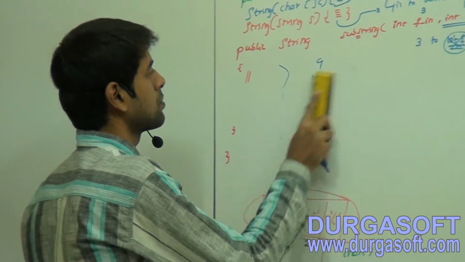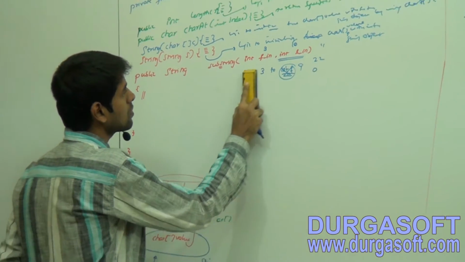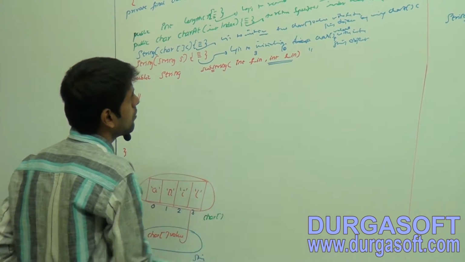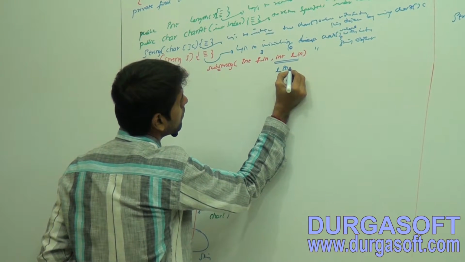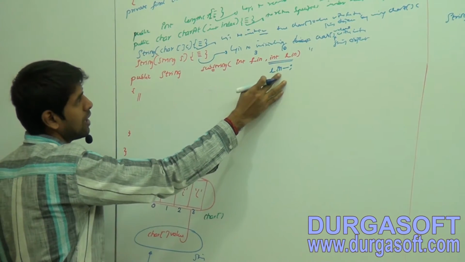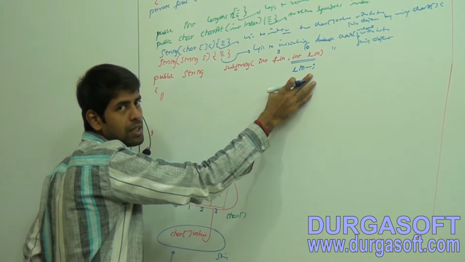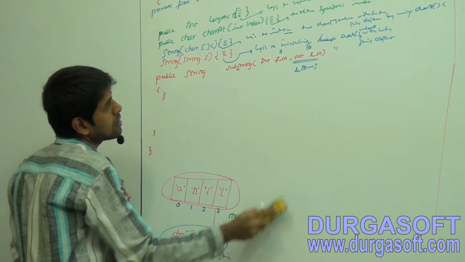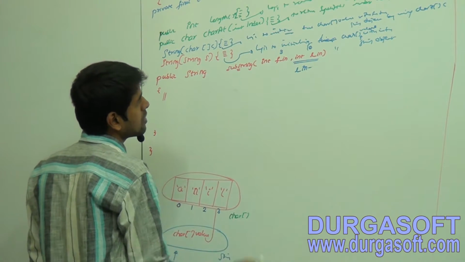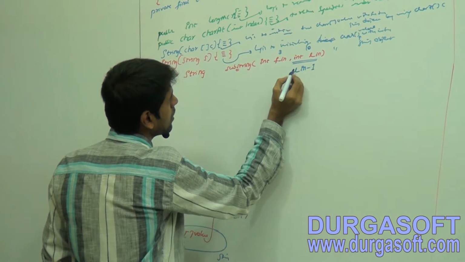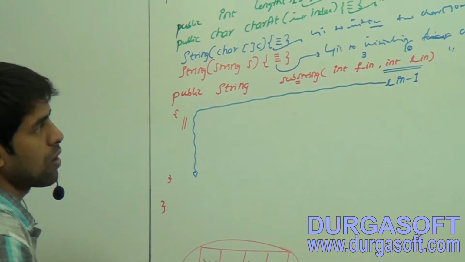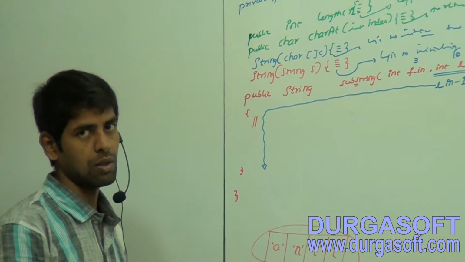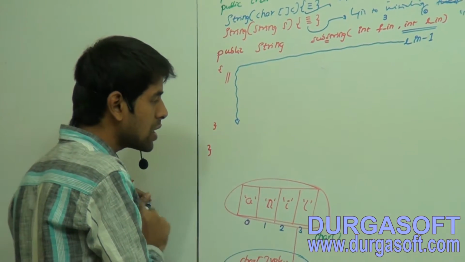Okay, observe. So within this logic, what will the ln value be? The last index minus 1 value will be used within this entire code. Try to put that in your brain. Now here, what's the logic?